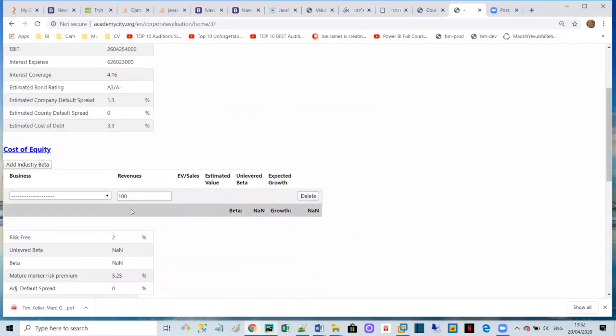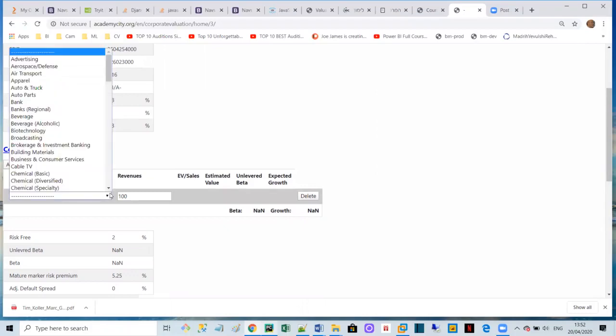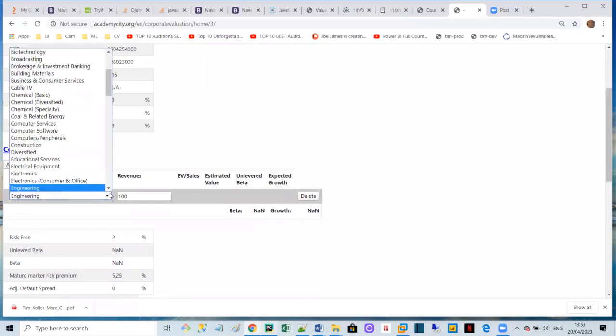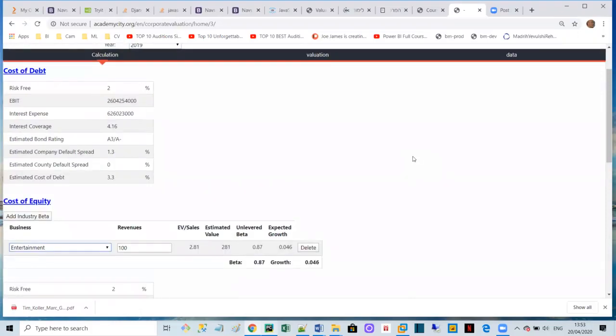There's only one thing, and we'll learn over the course why we need it. We need to put the major industries this company is in. For now, I would just put entertainment, but basically it could be others, and we'll learn over the course how we handle it and how it affects the evaluation. Basically, I'm done. Since we're going to study almost in this course intrinsic valuation, which I will explain in a minute what it means, you got evaluation, okay?